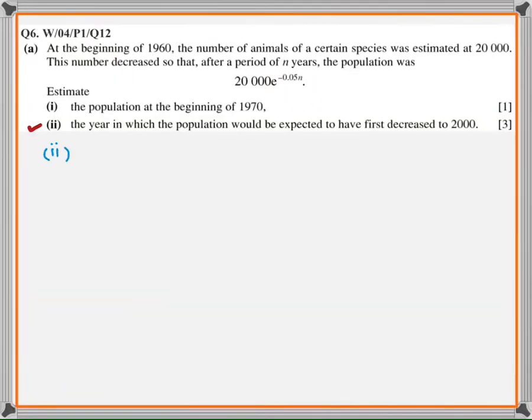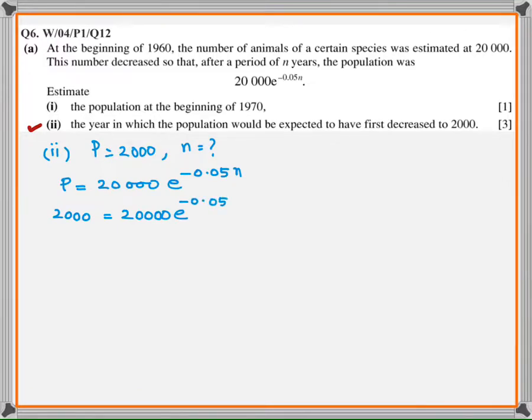Similarly, the population has decreased to 1/10 of its original value. 1/10 of 20,000 is 2,000. The question could have been worded as what I just said. Very simple. As long as you know the rules of log, and we are just focusing on the power rule for right now. Take ln of both sides. Why are we taking ln?